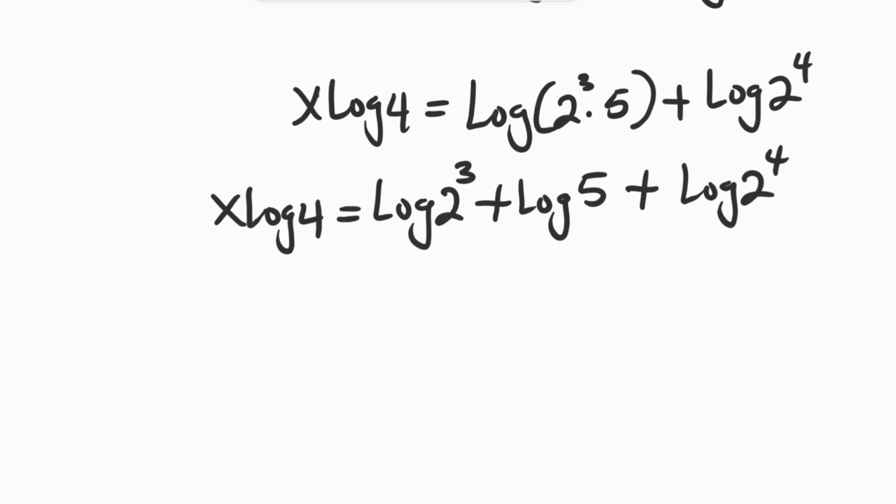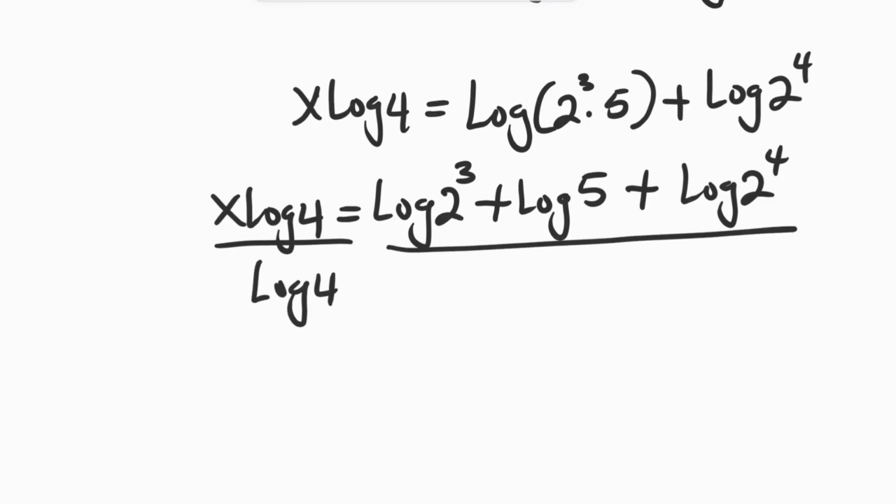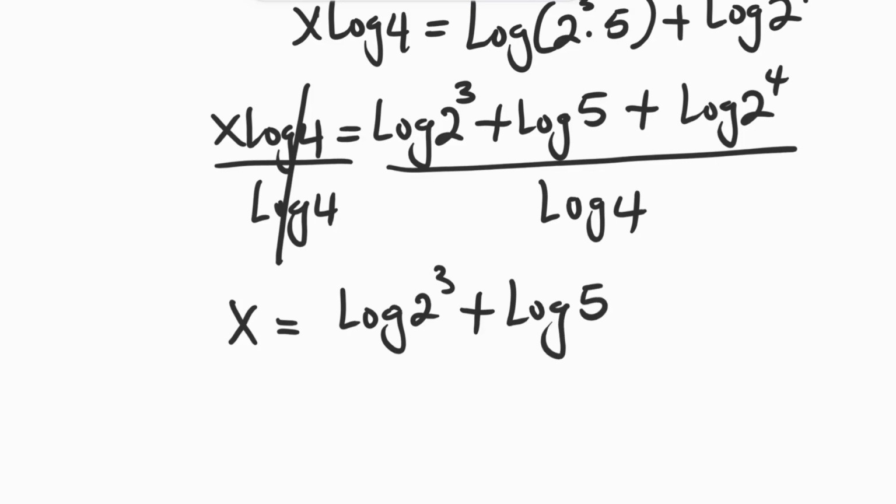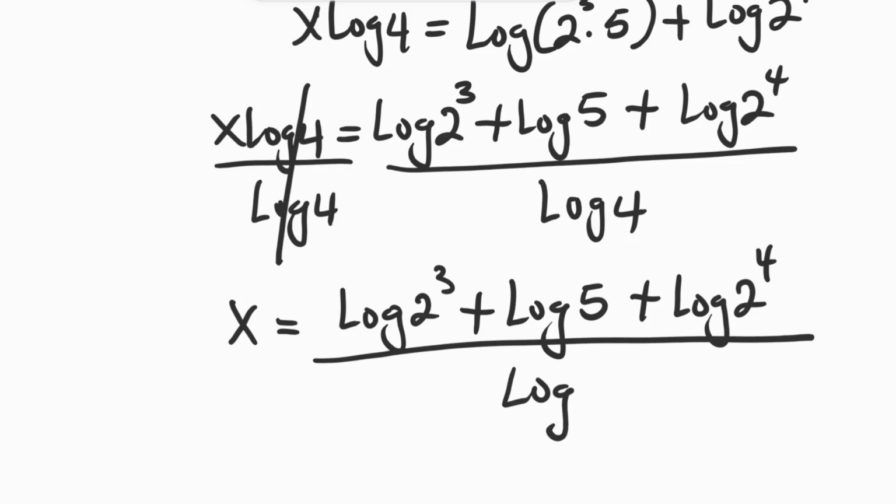Now let us go ahead and divide both sides by log 4 so that we can find the value of x. So if we divide through by log 4, log 4's cancel out on the left hand side, and so we have x is equal to log of 2 raised to power 3 plus log 5 plus log 2 raised to power 4, all divided by log 4, which is the same thing as log of 2 raised to power 2.